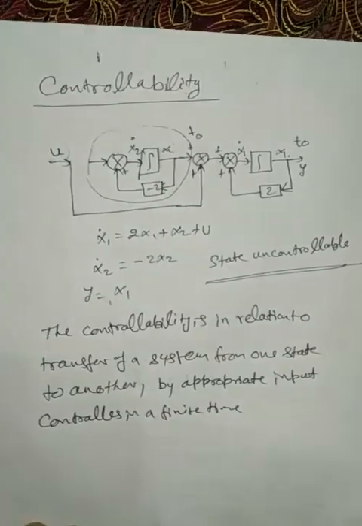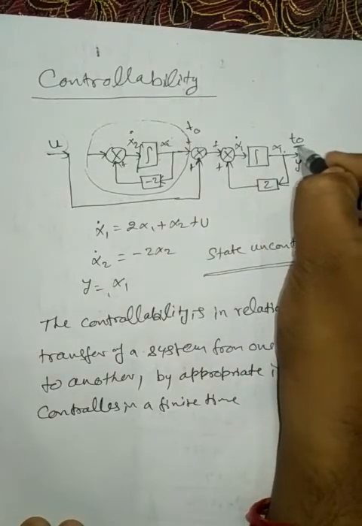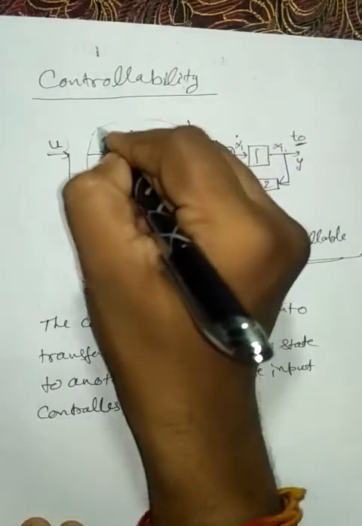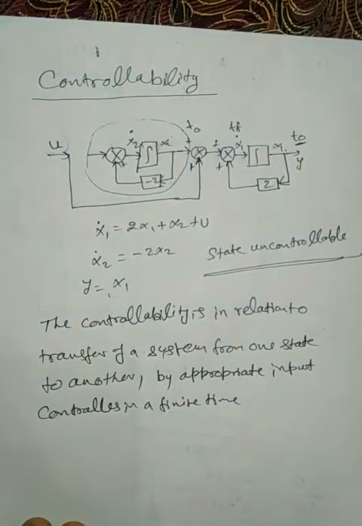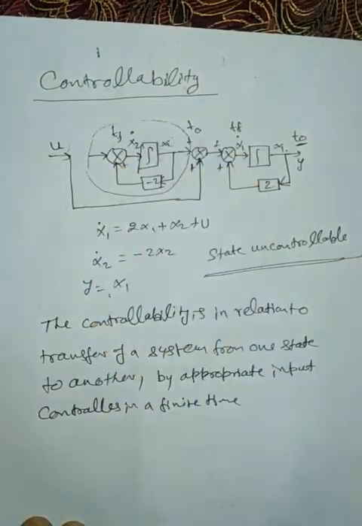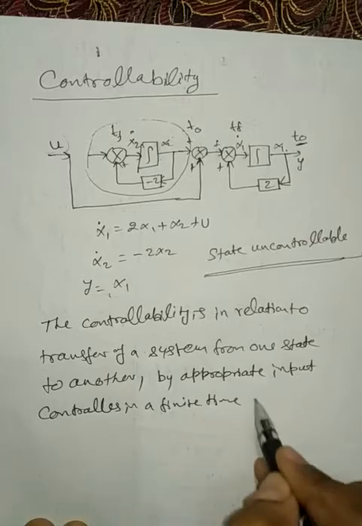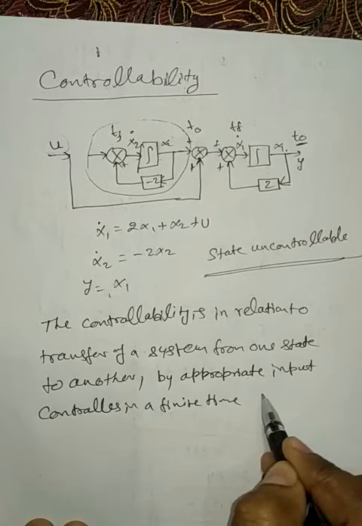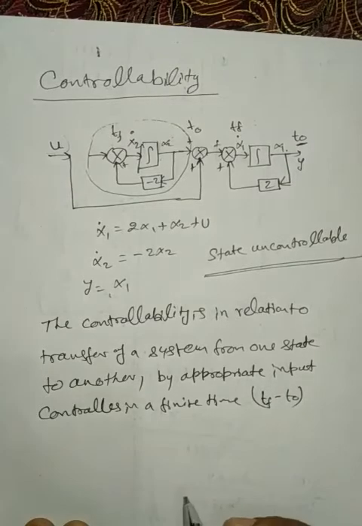What is finite time? Finite time means from initial time t naught to final time tf, in the interval tf minus t naught.